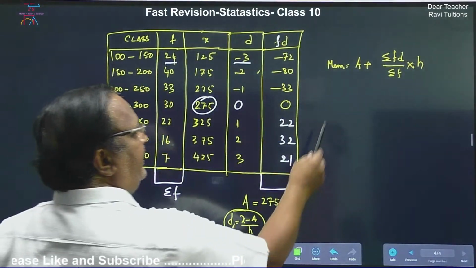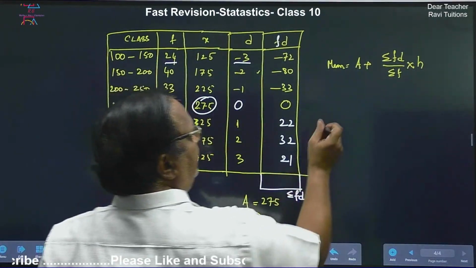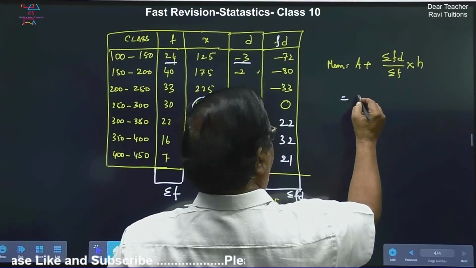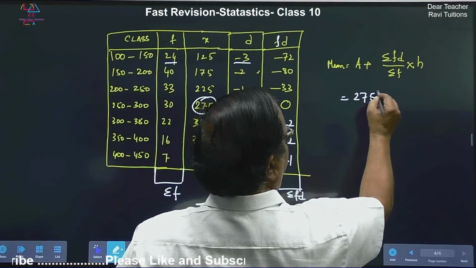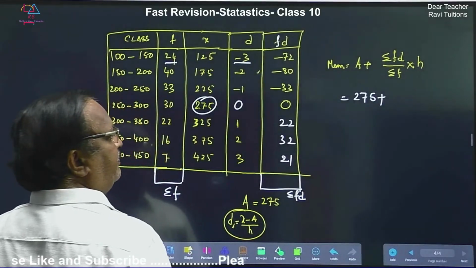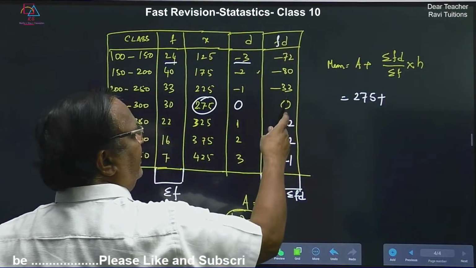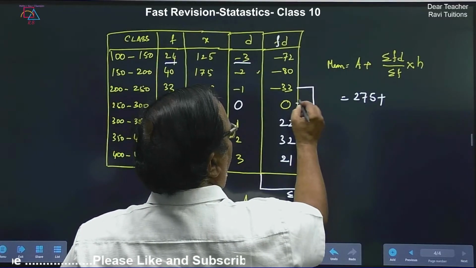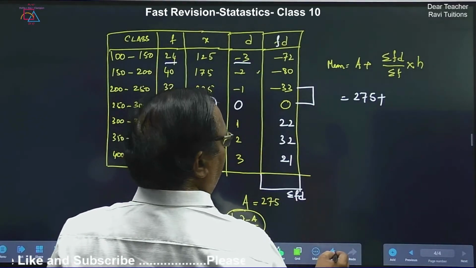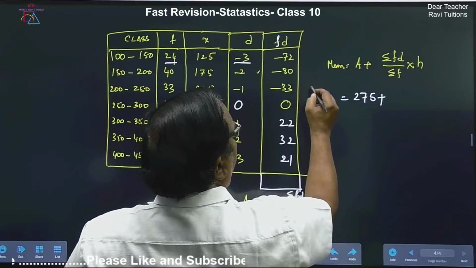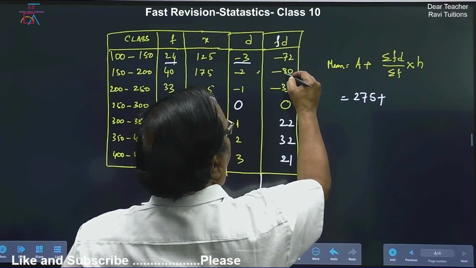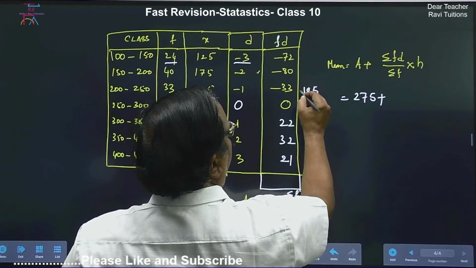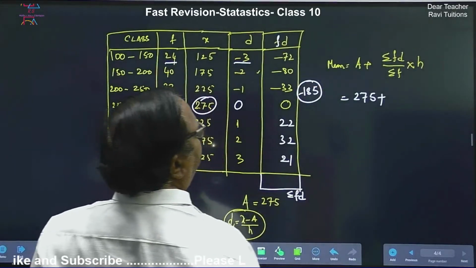Now we got a here. So let me write in the place of a, 275 plus sigma fd. That means you have to add all these things. I will add up all negative things. 5, 11, 18, minus 185.